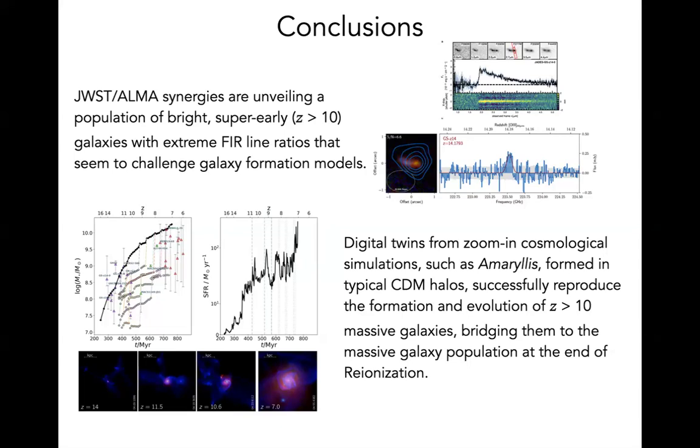Yes, there is a question online. Sorry if I missed this point: how long does it take to make a digital twin, and is it possible for several galaxies or one galaxy at a time? It's a very difficult question. It depends really on your resources.